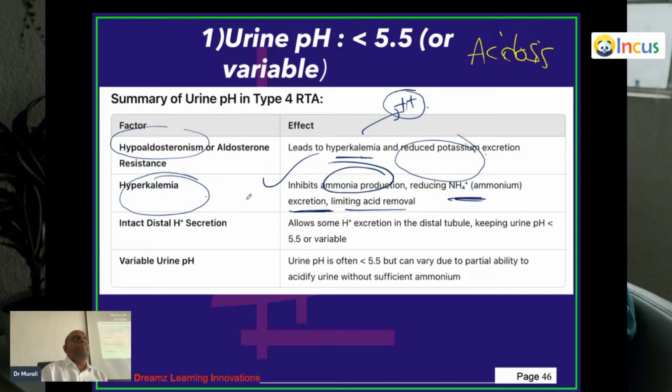It is variable, but generally pH is less than 5.5. Hypokalemia is a feature of type 1 and 2 RTA, but not type 4 RTA. Hyperkalemia of type 4 RTA is explained because of the hypoaldosteronism.